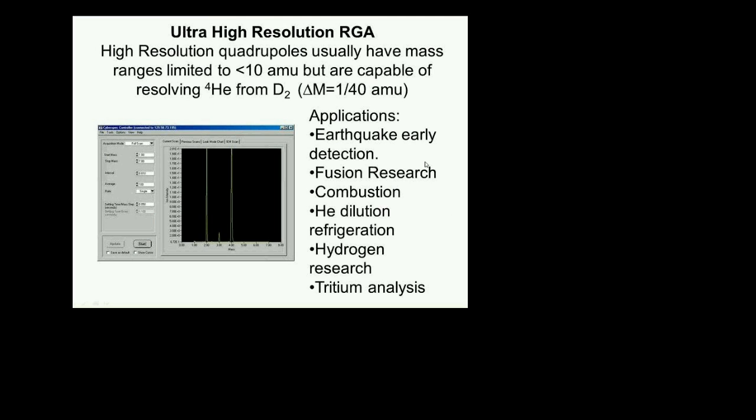So here's a little list of different applications. One of them is earthquake early detection. This is a very interesting application a professor friend of mine is doing, where they use one of these mass spectrometers to look at the ratio of helium-3 to helium-4 isotopes that come out of volcanic areas.